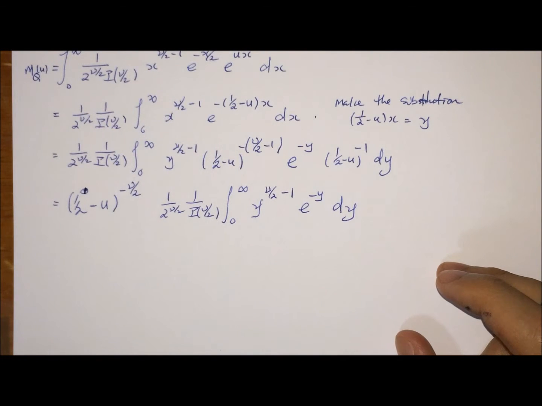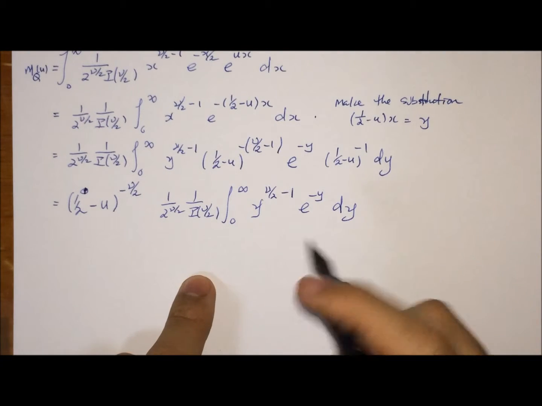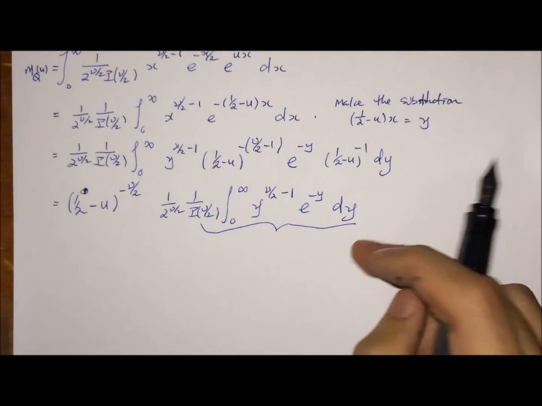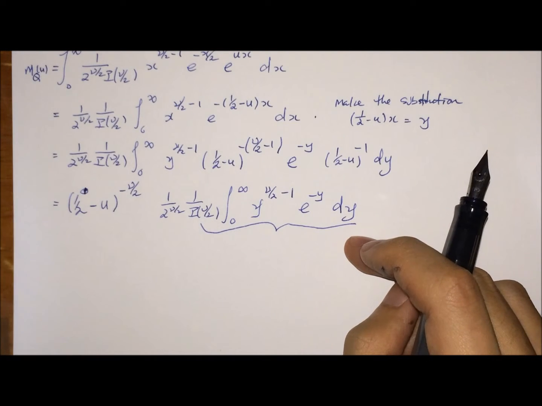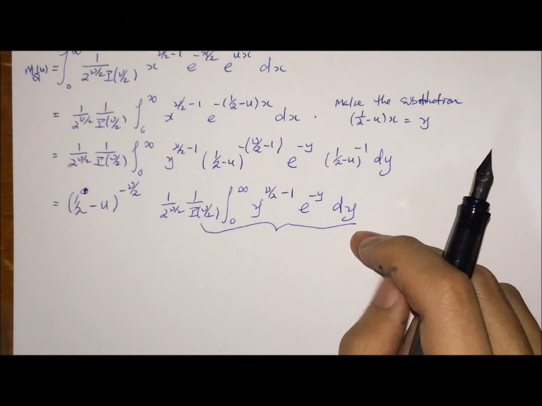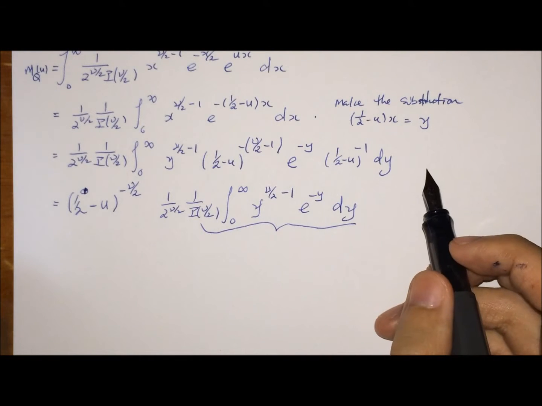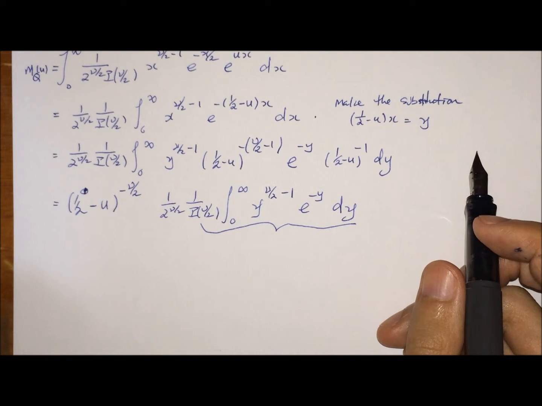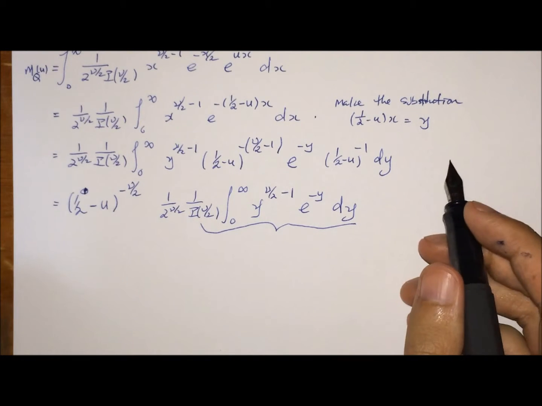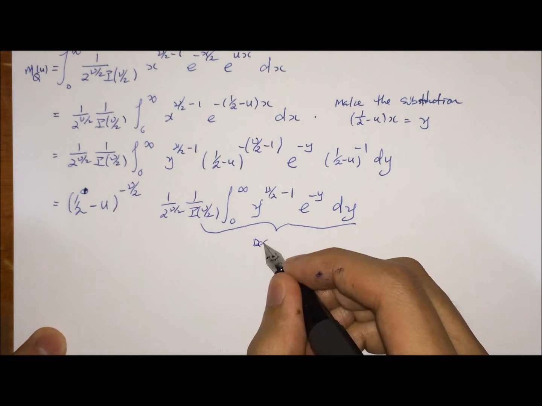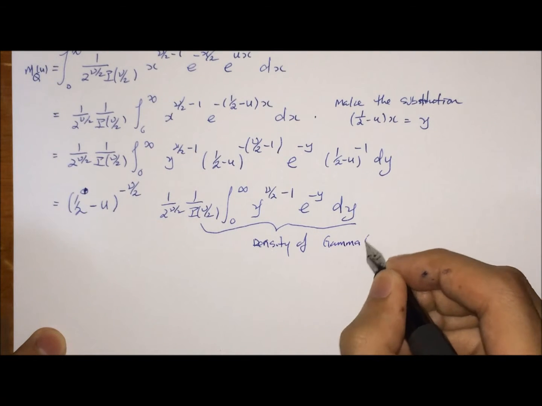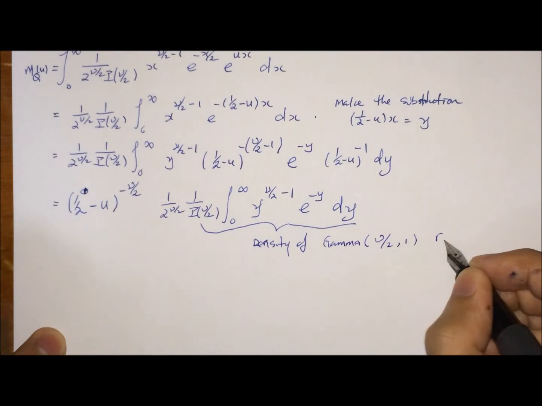Okay, so if you stare at this hard enough, you should see that this is 1, because this is the density of a gamma, what is it? Nu on 2 and 1 random variable. So this is the density of a gamma nu on 2, 1 random variable.